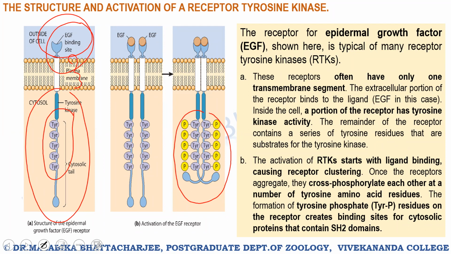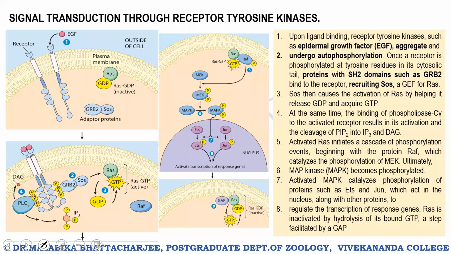I talked about the SRC. So now these docking sites have been generated, and let's look into it. So these are some more proteins. This is the epidermal growth factor binding. You see at the second part, they are going through autophosphorylation. And once autophosphorylation is happening, it is recruiting proteins with the SH2 domain, in this case, GRB2 and SOS.